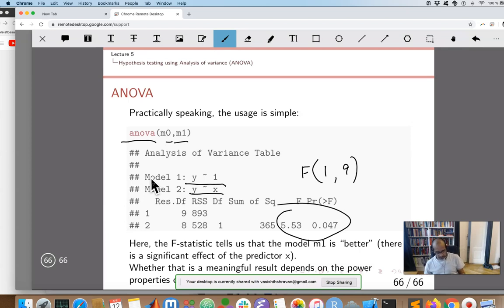So it's comparing the observed F statistic against this distribution.